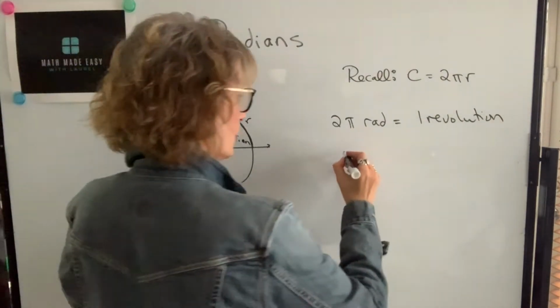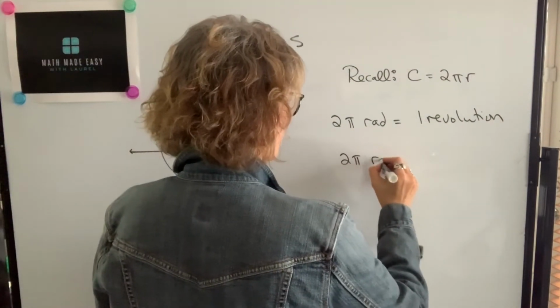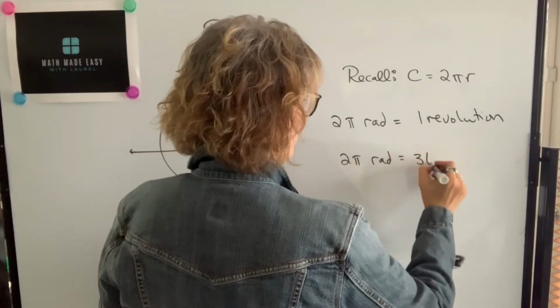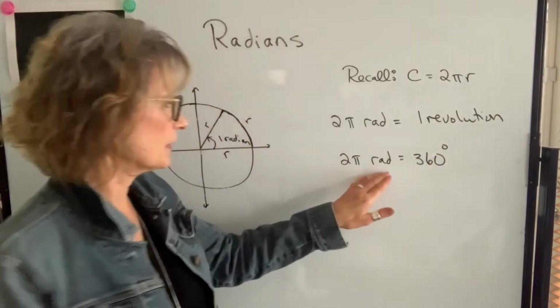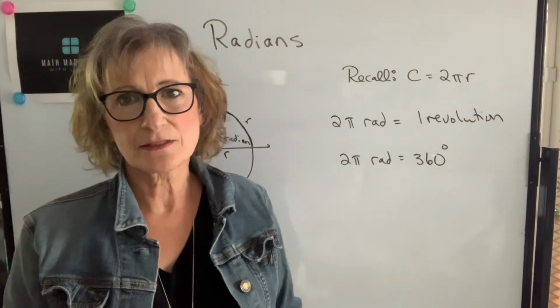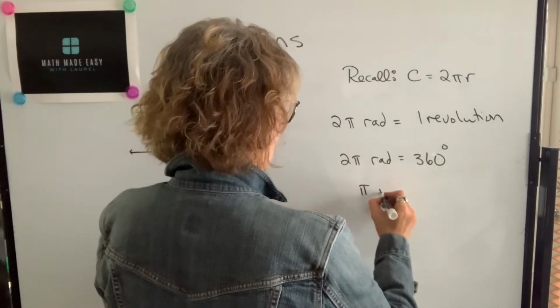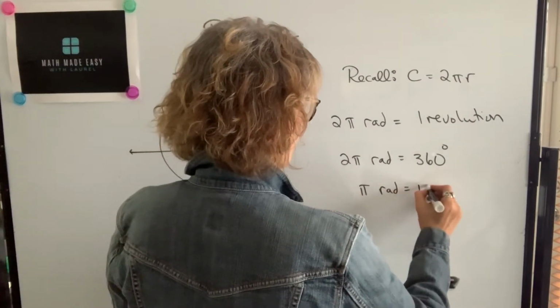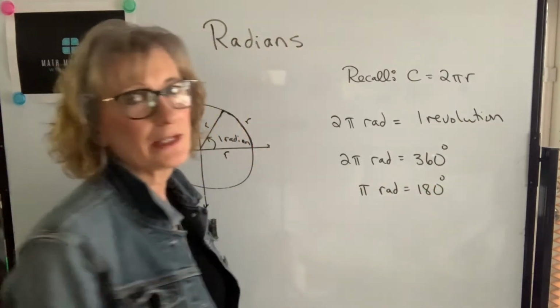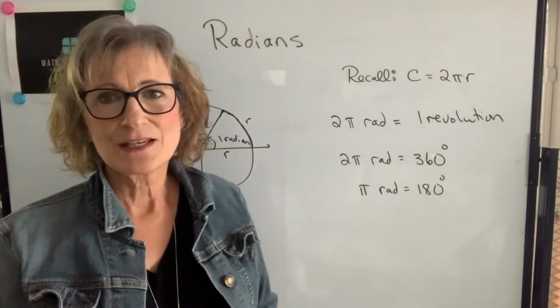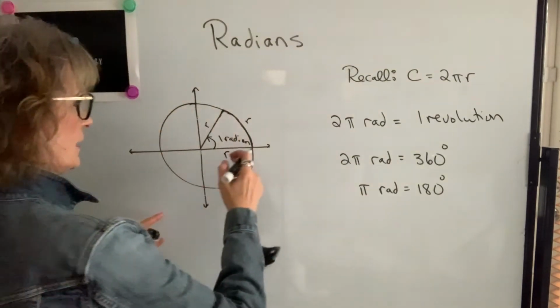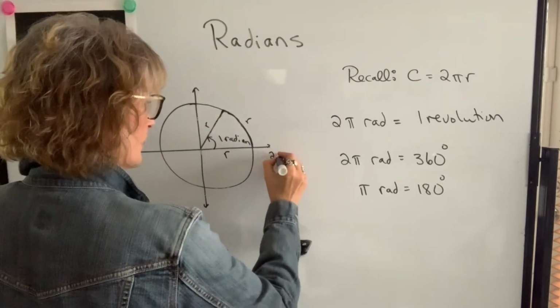Which means there are 2 pi radians in 360 degrees. So that's the relationship between radians and degrees. We could divide both sides by 2. Another way to think about it is there are pi radians in 180 degrees. So we know in a complete rotation, there will be 2 pi radians.